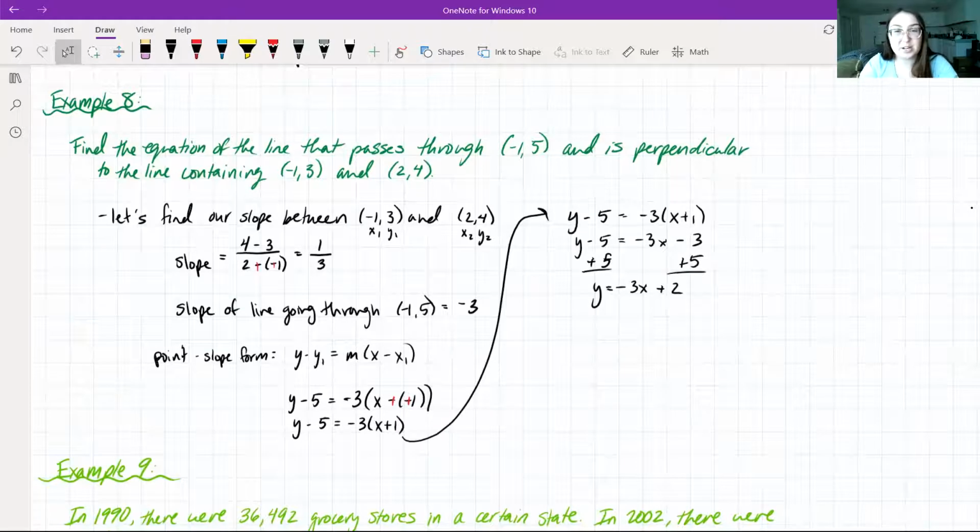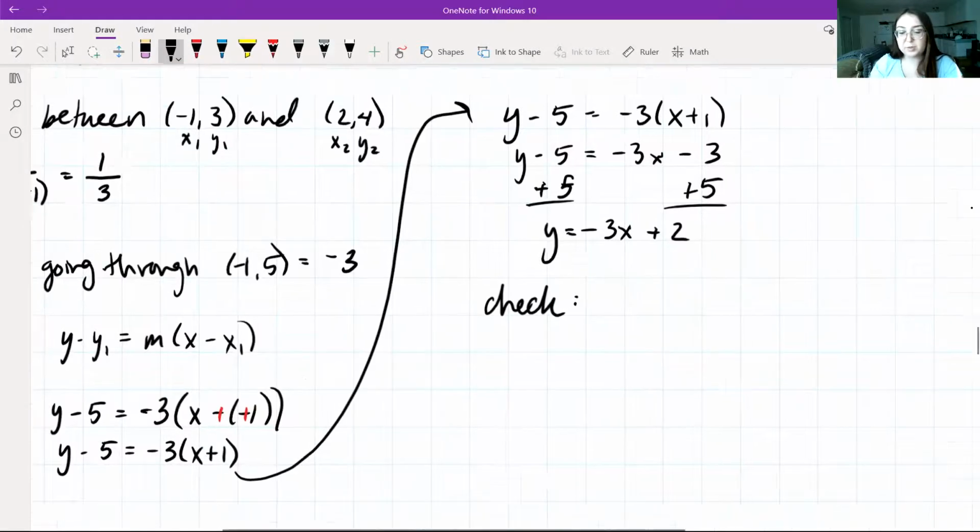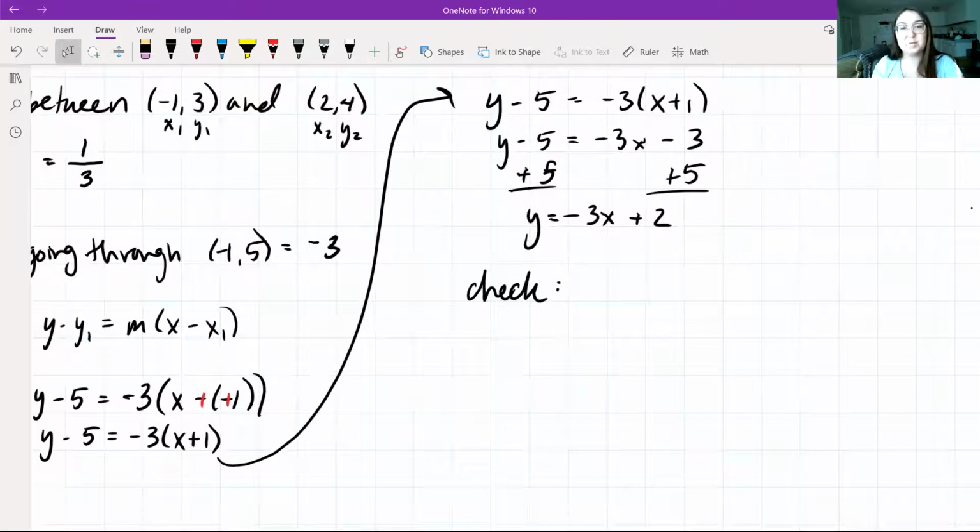If you want to check to see if it's correct, all you need to do is plug in that point and see if the values equal each other. So if we want to check, and this is to check without graphing, because of course you can always put this in a graphing calculator or Desmos and see if it actually goes through the point. But if you just want to check algebraically, all you need to do is plug in those values.